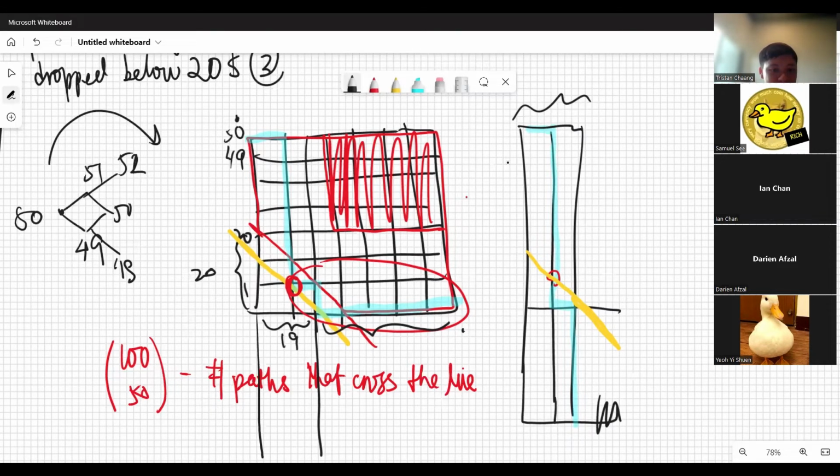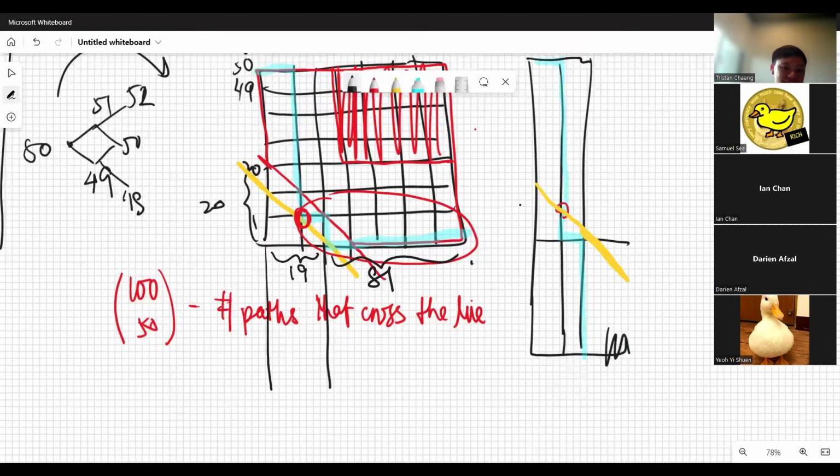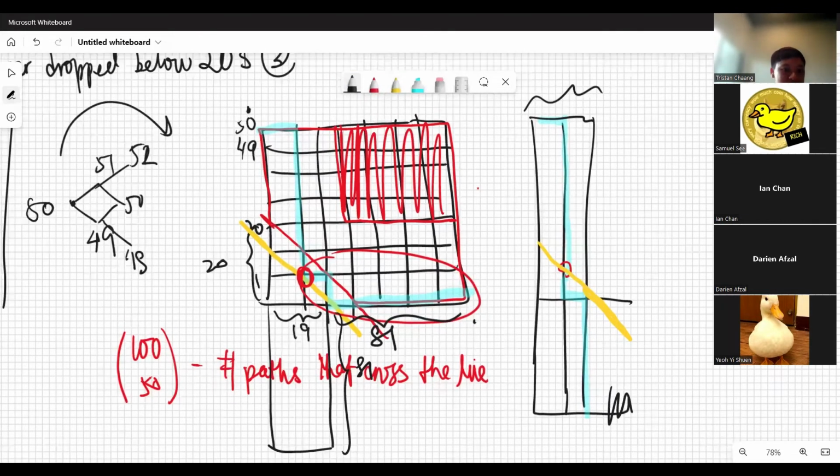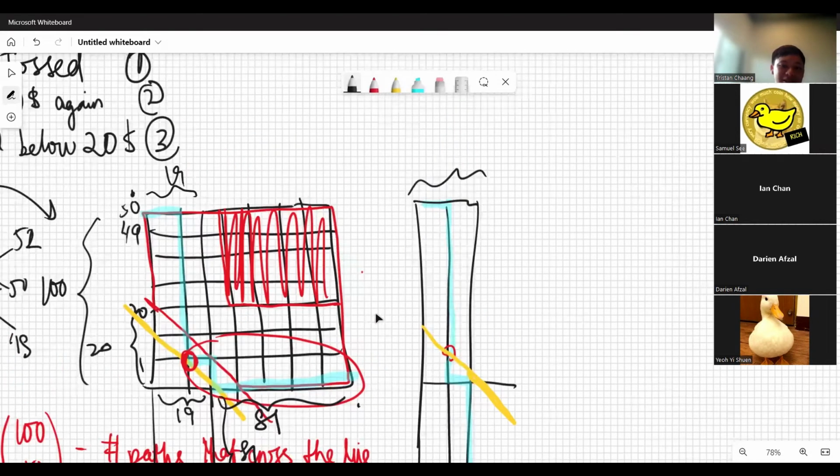And therefore, there are 100 minus 19, that would be 81 squares here. And so if I reflect it, there will be 81 squares here. There will be 100 squares here. And there would be 19 squares here. So this is a 19 times 181 square.